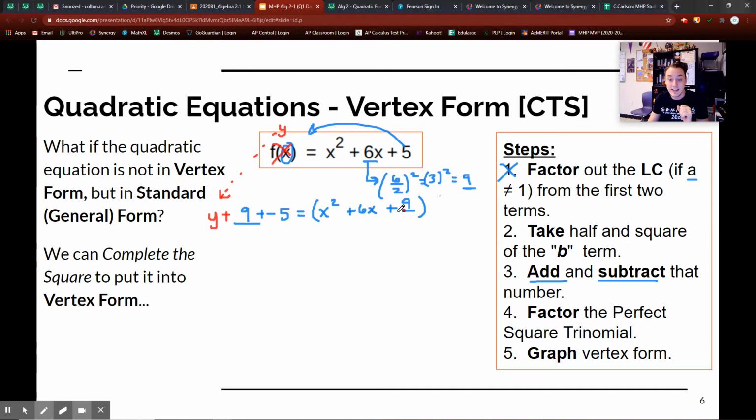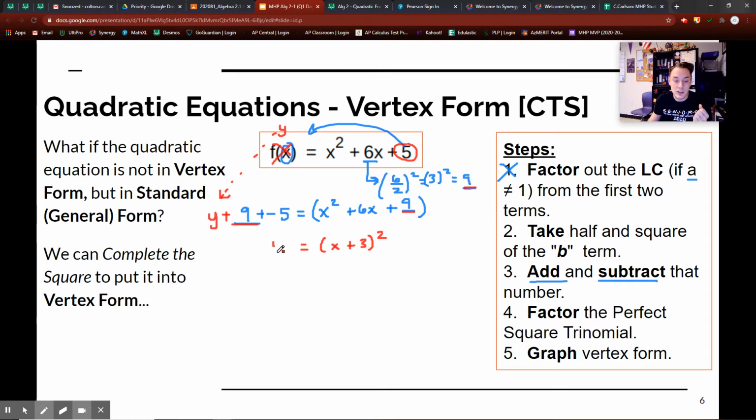So I added the 9 to both sides, 9, 9, and 9, after I subtracted that constant term over, because I need to have it on the other side so I can kind of balance the equation a bit. Now when I have this, I can factor this to be x plus 3 squared. Looks familiar, right? Looks like a vertex form.